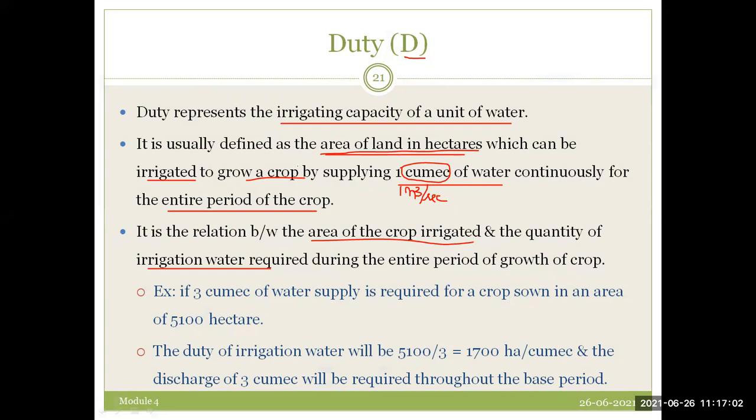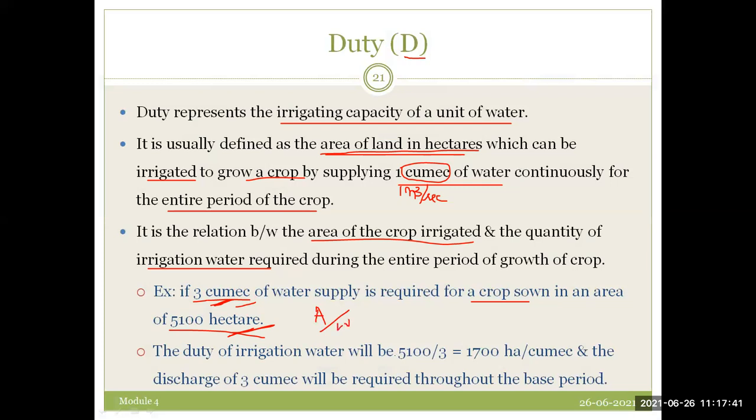For more understanding, we'll take an example. If 3 cumec, that is 3 meter cube per second, of water supply is required for a crop which is sown in an area of 5,100 hectares, then the duty of irrigation water will be the area irrigated by the water, that is area divided by quantity of water supplied.